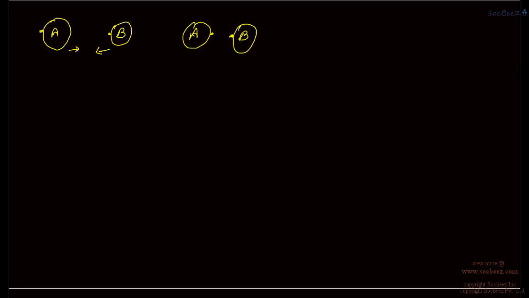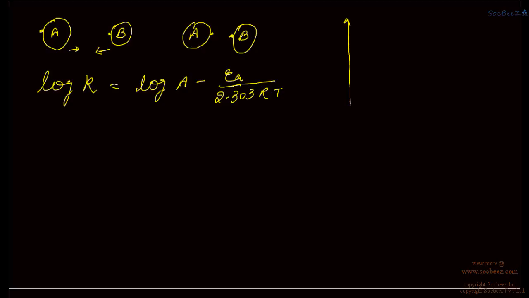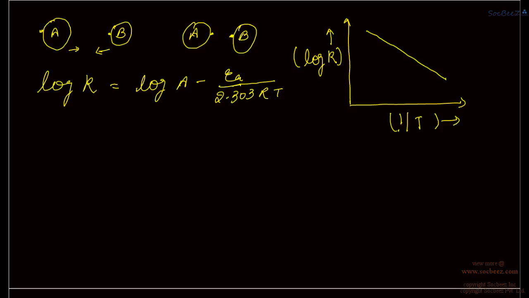Now if we solve it further, we get an expression which looks like log k equals log A minus Ea upon 2.303 R T. If we plot a graph between log k and 1 upon T, this is log k and this is 1 upon T, we will get a graph which looks something like this.